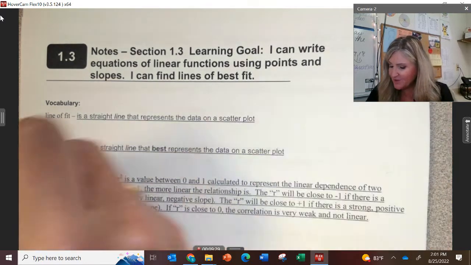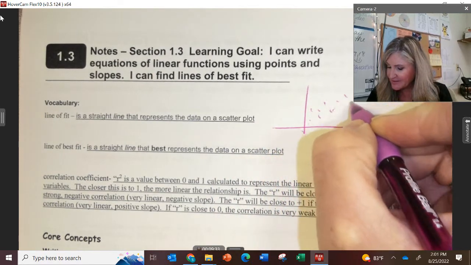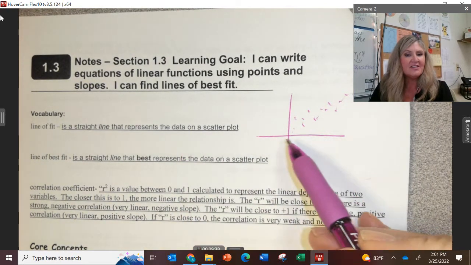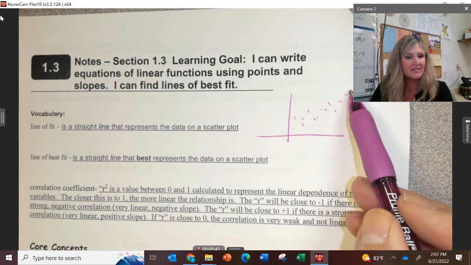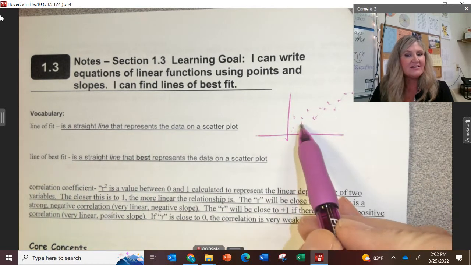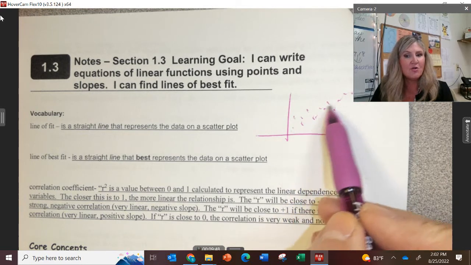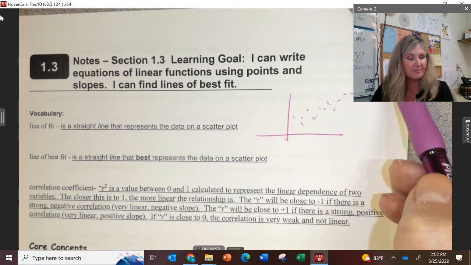So if I give you a bunch of points scattered around like this, I can get a line of fit, a straight line that goes through these points. But the line of best fit takes into account every single point. It's like it's finding the slope for all these points, and it's finding the line that best goes through them.